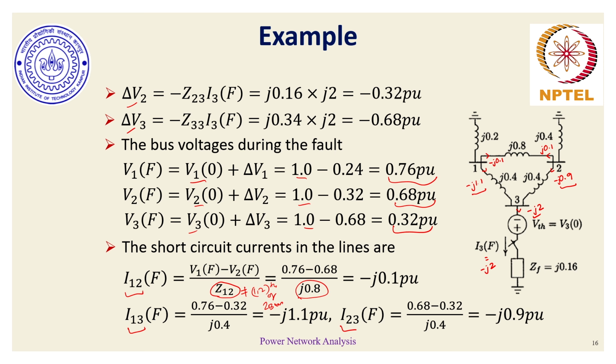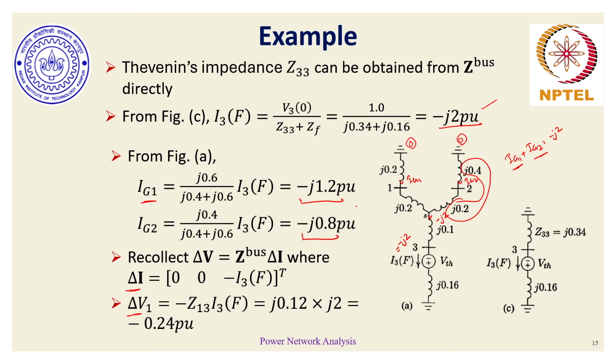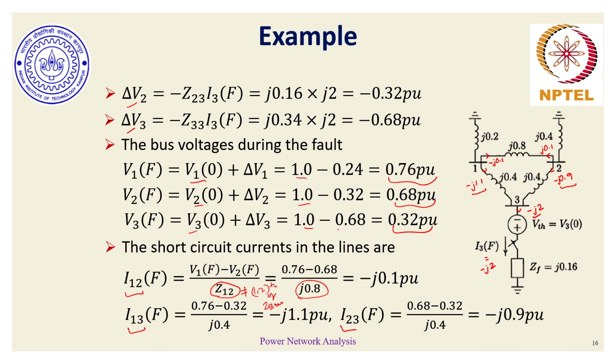Remember, bus 1 generator current was minus J1.2, generator 2 current was minus J0.8. So basically this is the current flowing from the ground to bus 1 during the event of a fault, and the line currents add up accordingly. So KCL here is also true. Similarly, KCL here is also true.